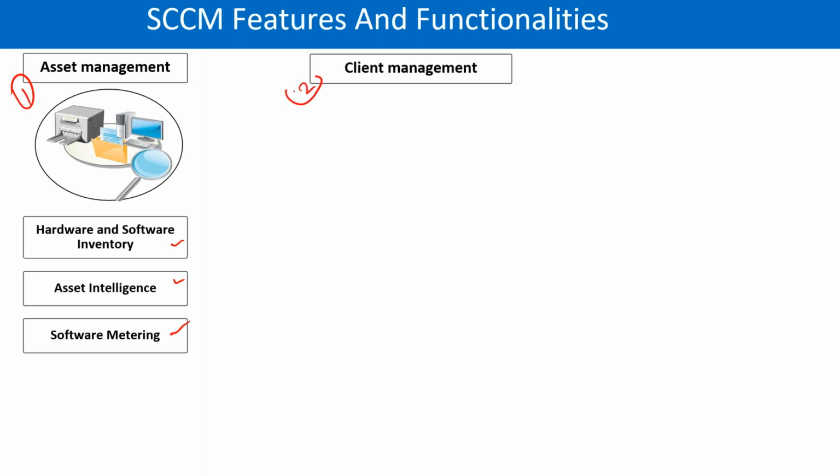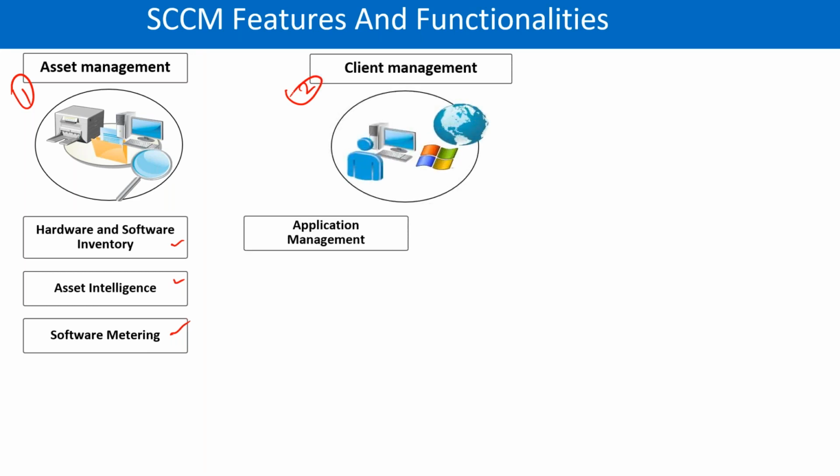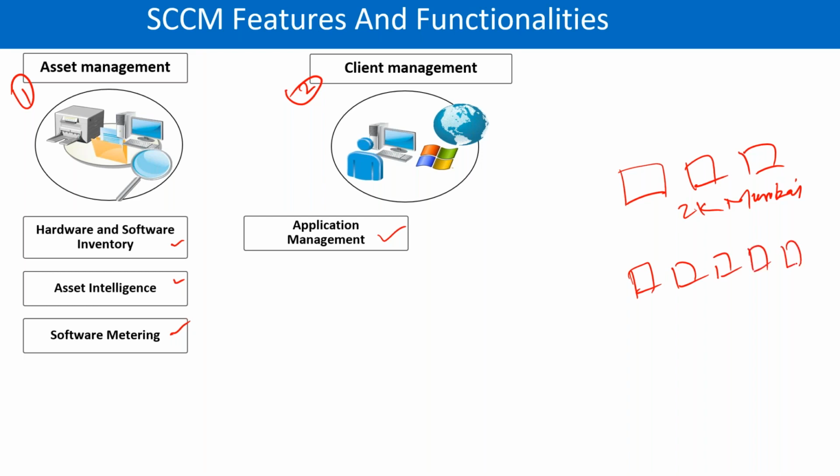Then this is the main functionality of SCCM. The first thing is application management, where you can deploy applications. For example, you have 2,000 devices in Mumbai, another 2,000 devices in New York, another 10,000 devices in London, for example.